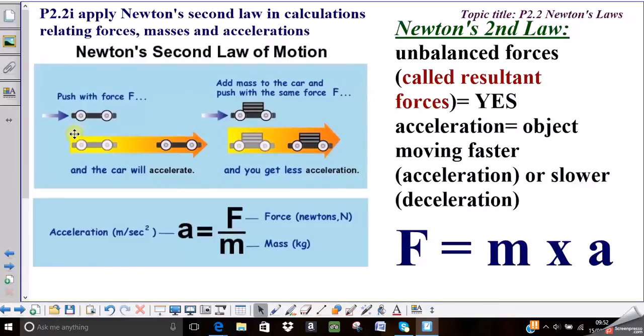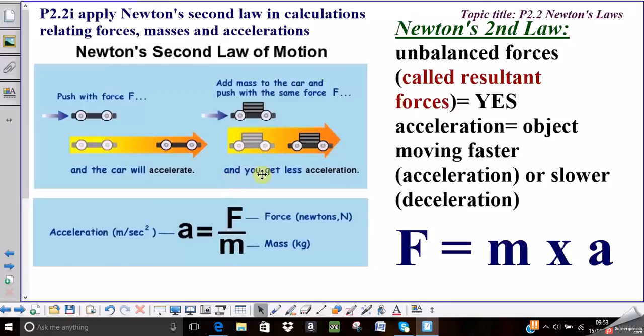Now, in this situation, you push the cart with a force, and the cart will accelerate. Now, if you're adding more masses on the cart, and you're pushing it with the same force, obviously this cart is heavier now and it won't be able to move as fast as previously.